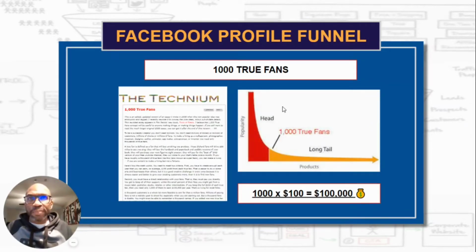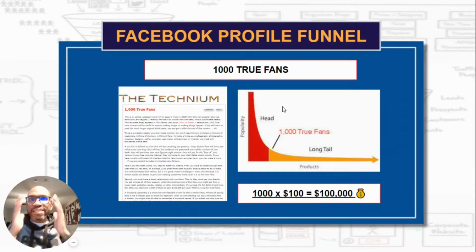Basically, the article explains that to be successful online, you don't need to be a celebrity with millions of followers, customers, or clients. To make an income of $100,000 a year, you only need 1,000 true fans. Now, that's a lot more achievable in a short period of time, right?